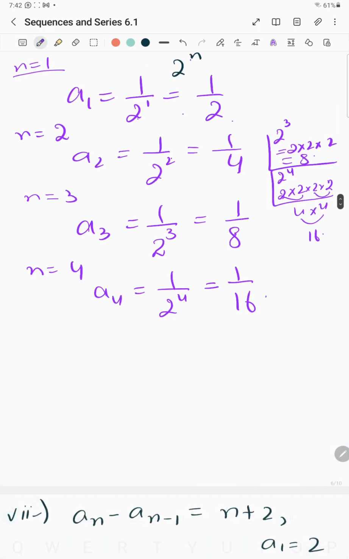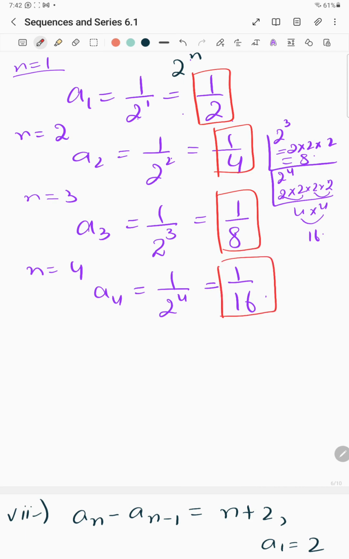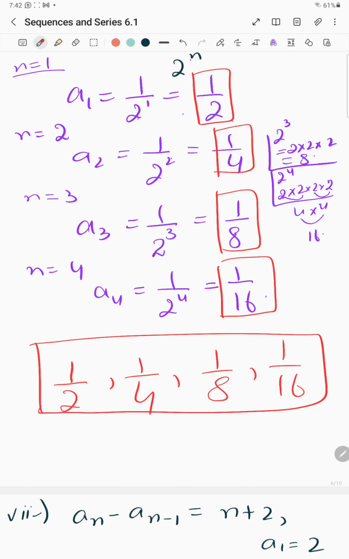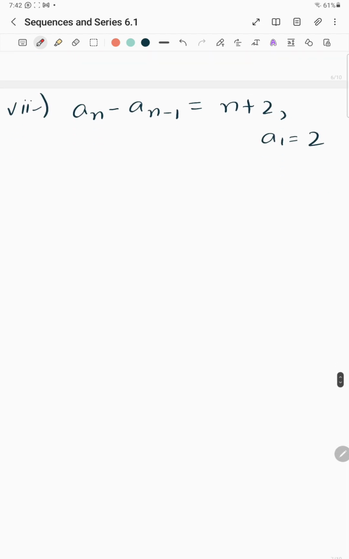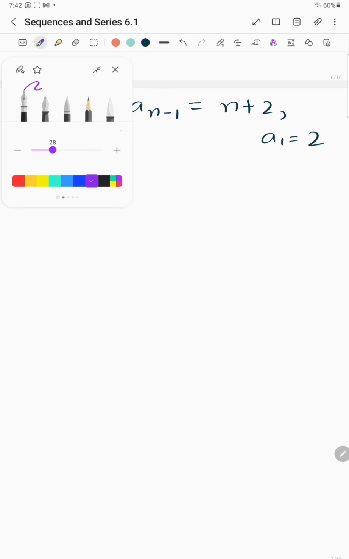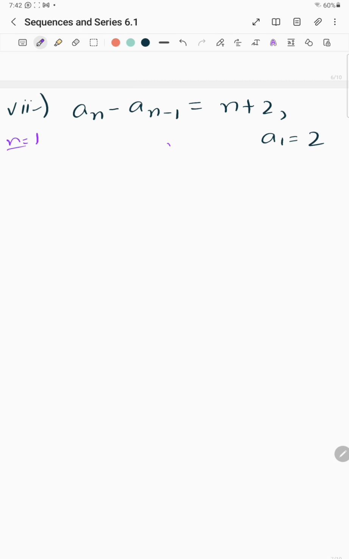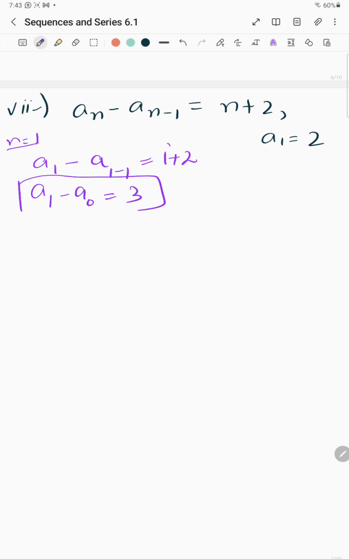So the first 4 terms we have generated are 1 over 2, 1 over 4, 1 over 8, 1 over 16. For n is equal to 1, a1 minus a1 minus 1, a0, is equal to 1 plus 2, which is 3.